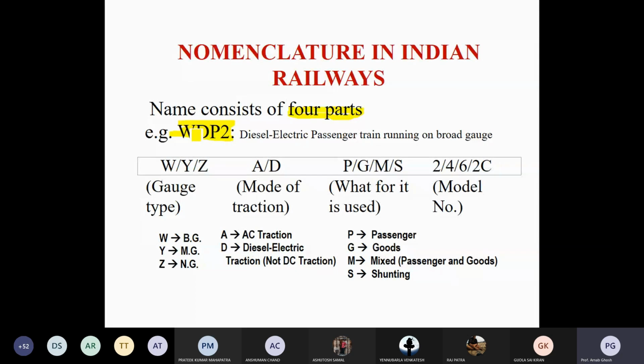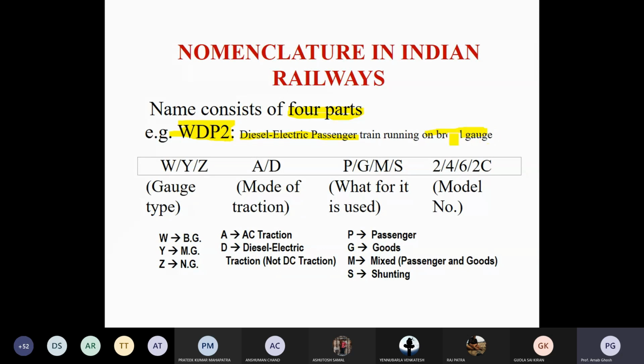You can see what model number is written on the side, or in front of the machine, the locomotive. If it is written WDP2, it means a diesel electric passenger, P for passenger, train running on broad gauge. There are some specifications.